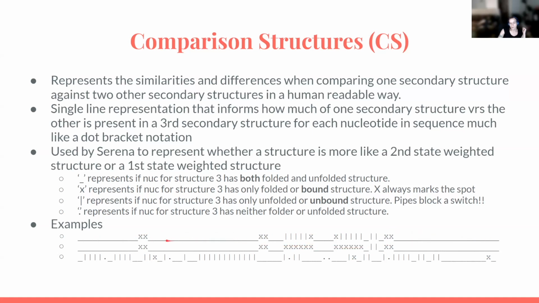In essence here, I have compressed tens of thousands of sequences into two groups, compared them against a third one, and said that for the group of structures that I called the unbound, these nucleotide positions generally have the unbound only, and these nucleotide structures generally have them bound. It'll be more clear in a moment.